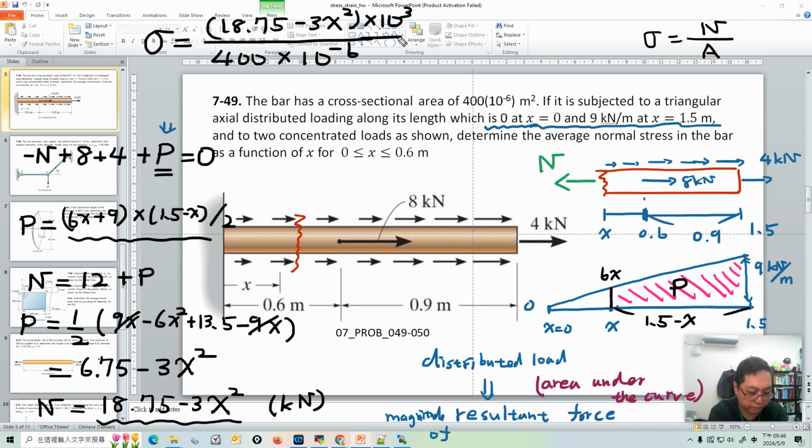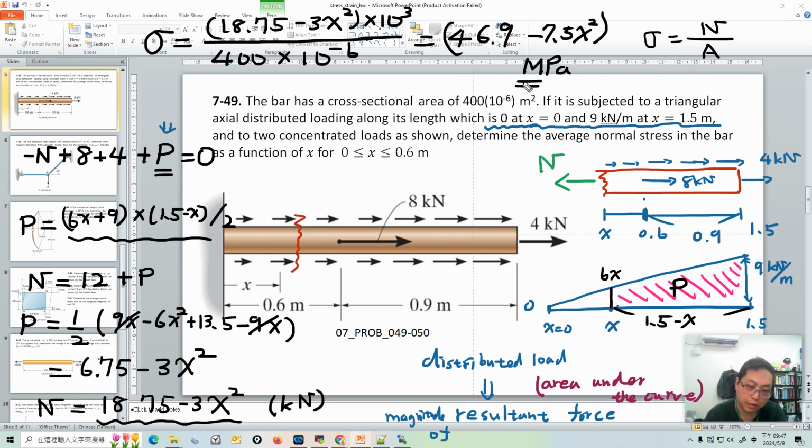After the calculation, I think the answer is 46.9 minus 7.5x squared, and its unit is megapascal. Capital M, mega, is 10 to the power 6.